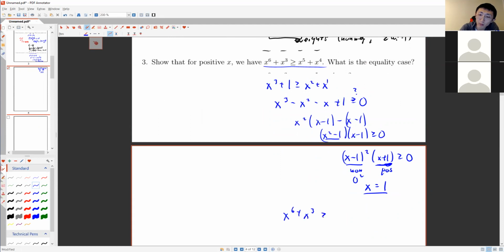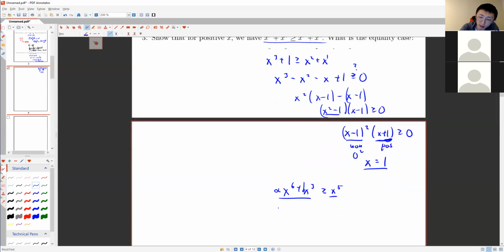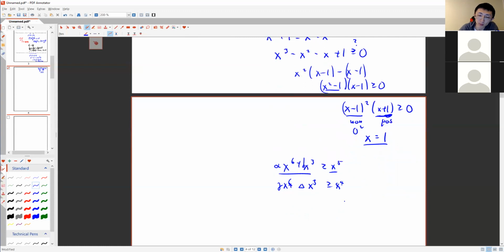Maybe what we can do is find some constants alpha and beta so that this is greater than this, and maybe some other constants gamma and delta such that this is greater than or equal to this. We want these two weights to add up to 1 and these two weights to add up to 1. So in the end, we can just add the two inequalities.